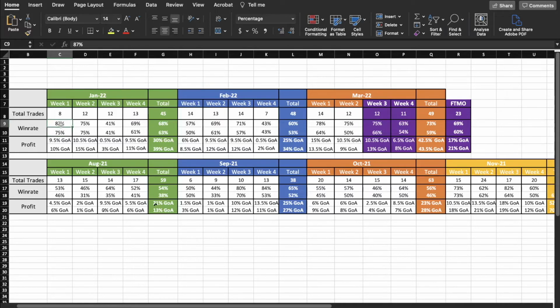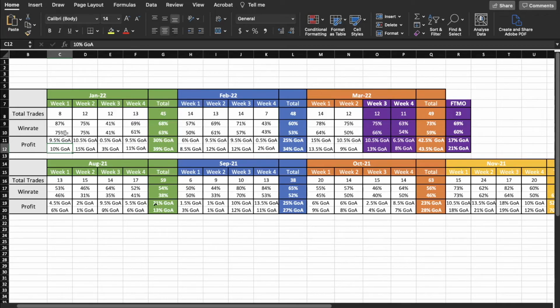If we go for a 1.5 risk reward, we had an 87% win rate in week 1 of January with a total amount of 8 trades. And yeah, won 87% of those trades, making a total profit of 9.5% gain on account. And if I would have gone for the 2 risk to reward, I would have made 0.5% more profit, but I would have lost around 12% on my win rate.